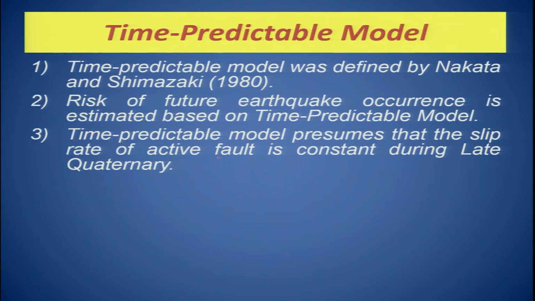But this remains a question, the slip rate on the active fault. What we have learned from our investigations is that the slip never remains the same and the magnitudes never remain the same.